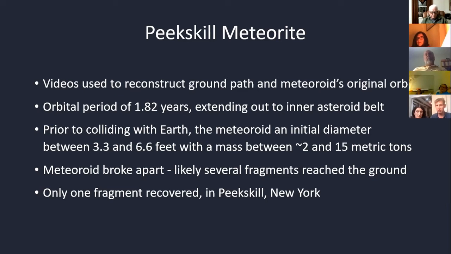And what they've estimated is that this particular meteoroid had an initial diameter when it hit the atmosphere of somewhere between 3 and 6 feet, and a mass anywhere between 2 and 15 metric tons.